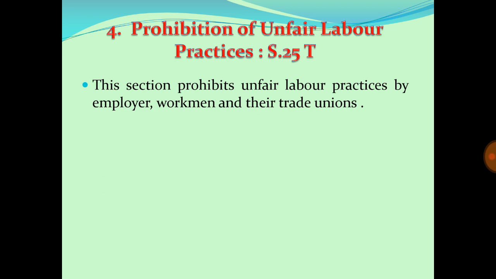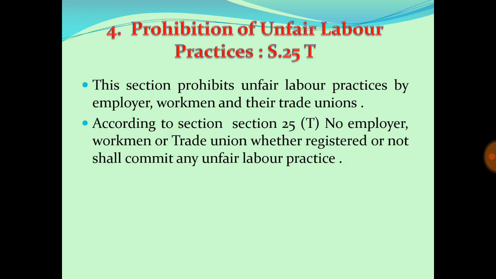Section 25T prohibits unfair labor practices by employer, workman and their unions. So according to this section, no employer, workman, trade union, whether registered or unregistered, shall commit any unfair labor practices. So this is the specific prohibition.